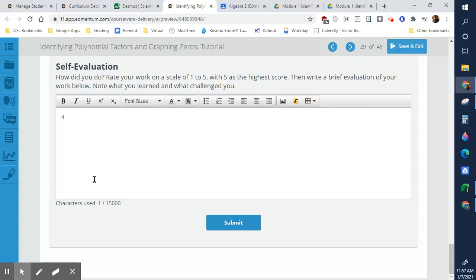So that's why I kind of ding myself a little bit on that. It's supposed to be how you feel you understood the material. So that one just confused me a little bit.